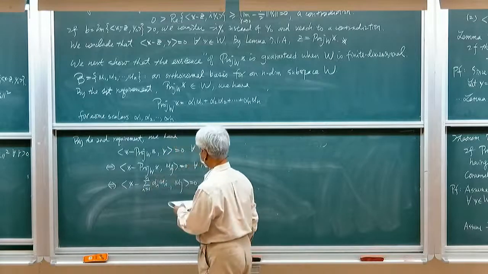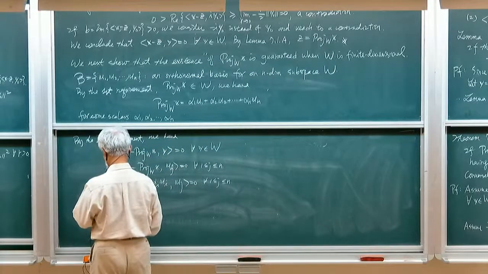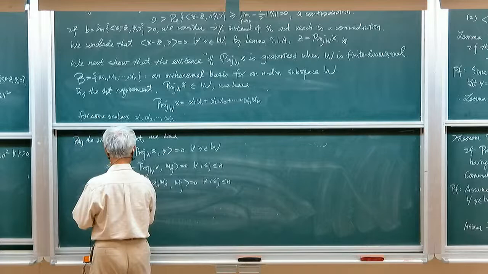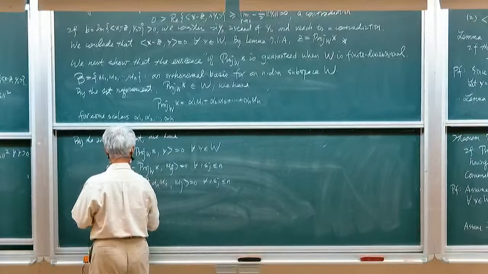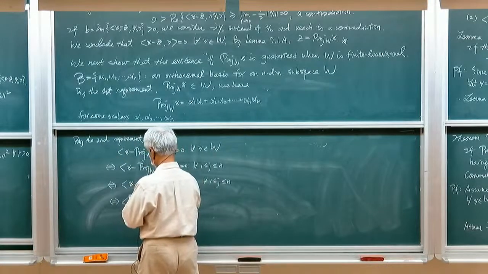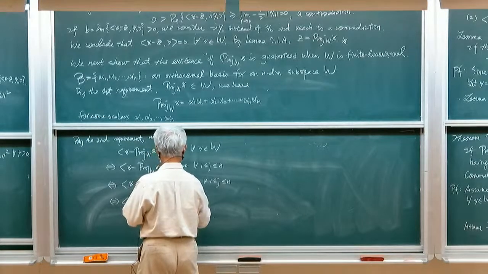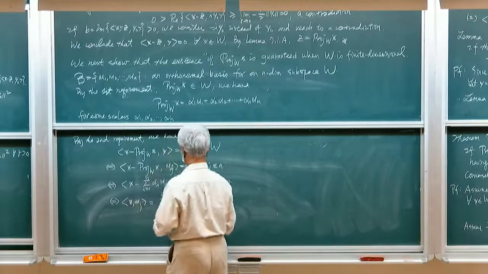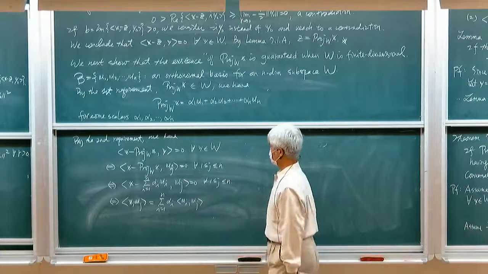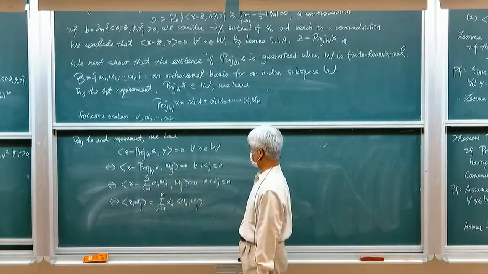Okay, we plug into them so that we have X and Uj. The inner product of X and Uj is equal to the summation of alpha i Ui Uj. Okay, right? So we move this into the right hand side.